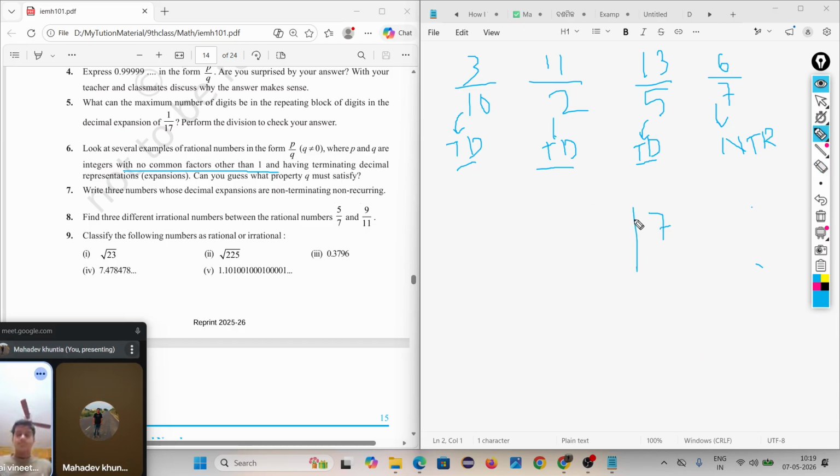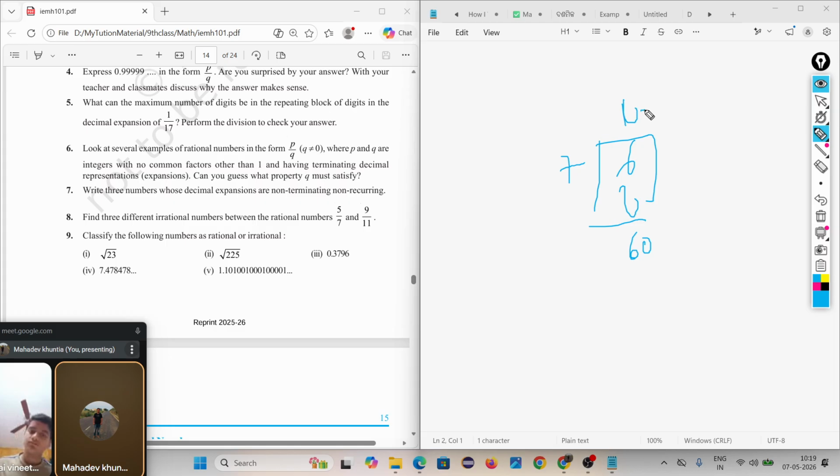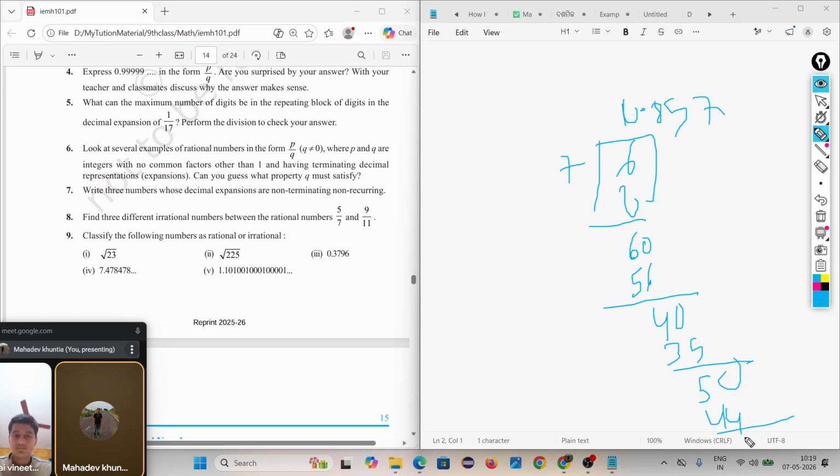Look, 6 divided by 7. 7 1s are 7, 0. 6 60, 7 8s are 56, 50. 6 4 40, 7 5s are 35, 30. 5 5 0, 7 7s are 49. 1 0, 7 1s are 7, like this. It will be non-terminating but repeating.